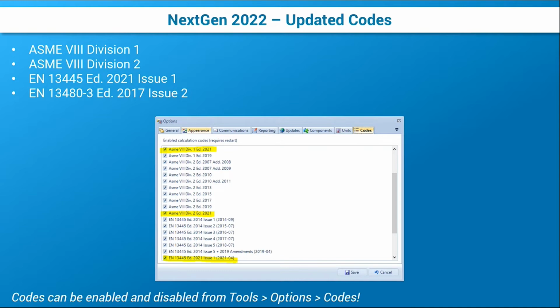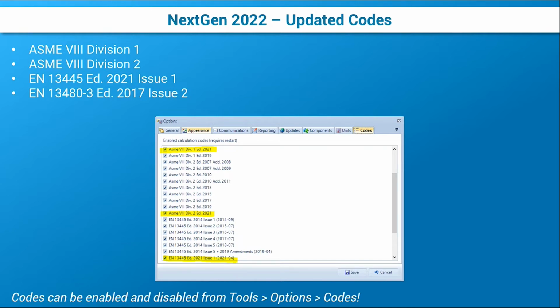You may already know about this, but we introduced an option inside NextGen to let you manage the active calculation codes. So if the list of the calculation codes is getting too long for you and you are seeing not relevant calculation codes active, then you can shorten your list by going to Tools, Options, and Codes.